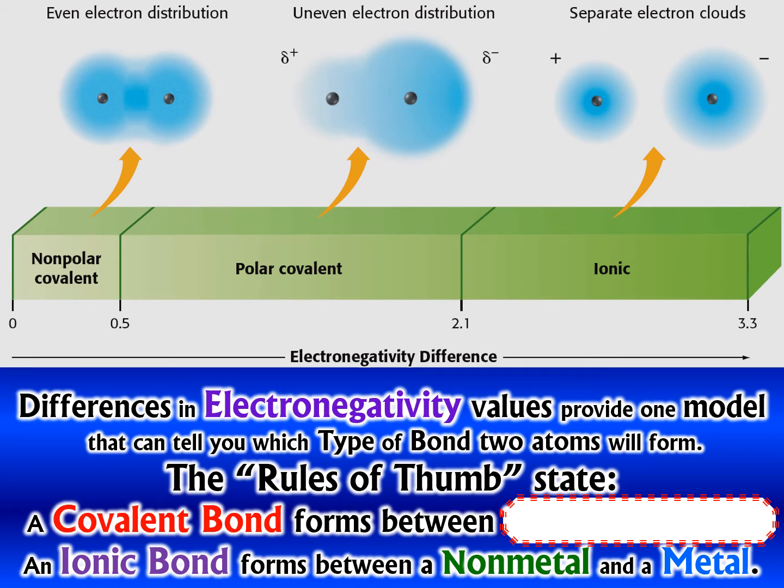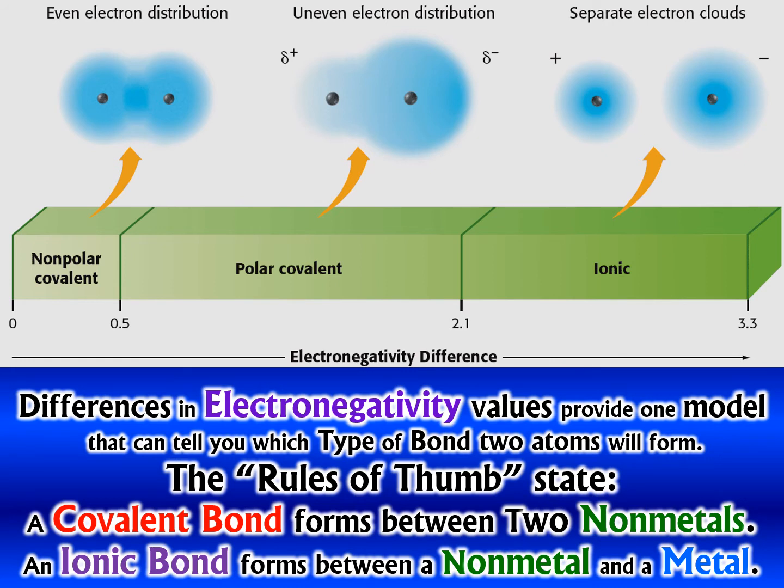And if you remember those rules of thumb from electronegativity differences, a covalent bond is going to form between two nonmetals, because the difference of electronegativity between any two nonmetals is never great enough to make an ionic bond, unless, of course, as you learned later, they are found in polyatomic ions that collectively have a greater difference of electronegativity, like ammonium nitrate, which contains only nonmetals and yet has an ionic bond between them.